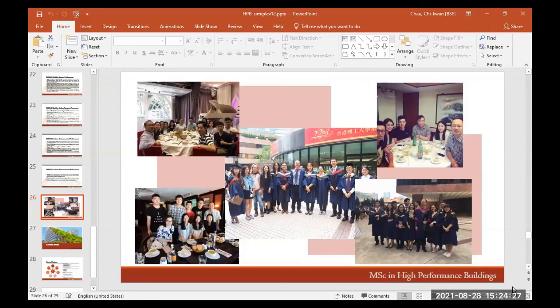Even though engineering is still the dominant one, there should be some others, like for the part-timers, some are from facility management, some maybe from surveying, and some should be from architecture. No? I thought in your group there should be one or two from architecture.